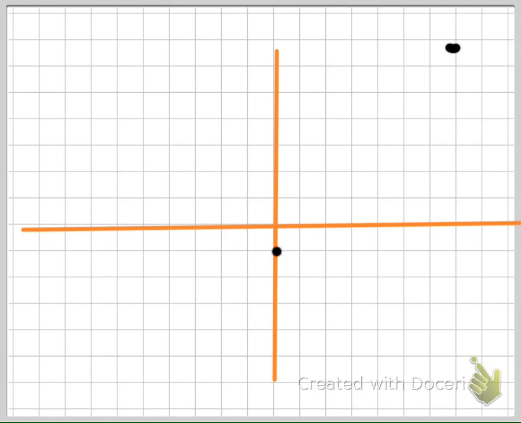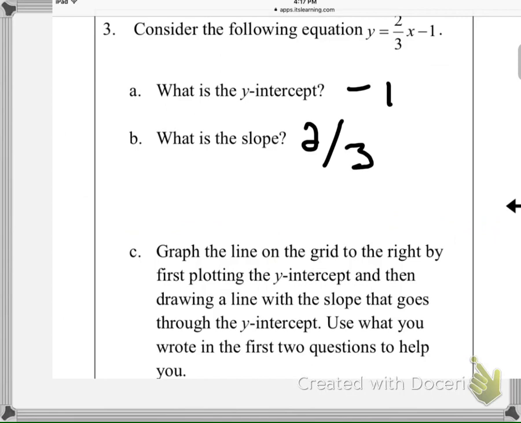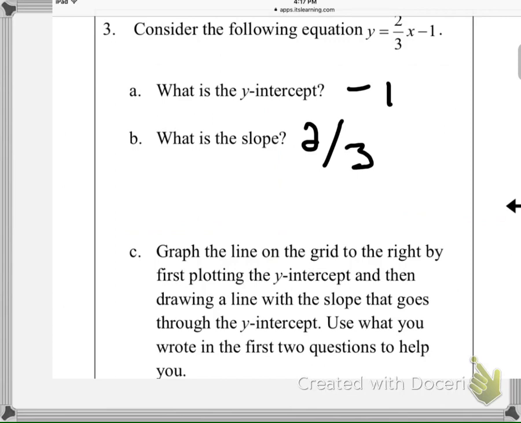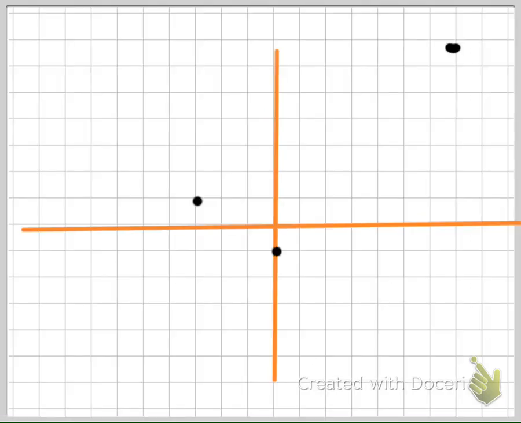-1. And then remember that I said since it's 2/3, I can go up 2 and to the left 3, 1, 2, 3. Sorry, that'd be up. 2/3 would be up 2 and to the right 3, sorry.